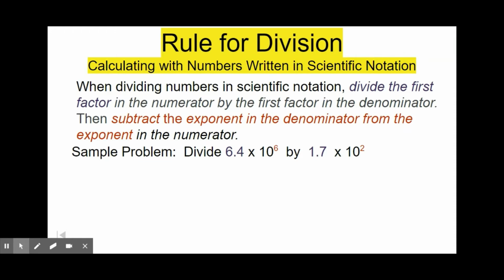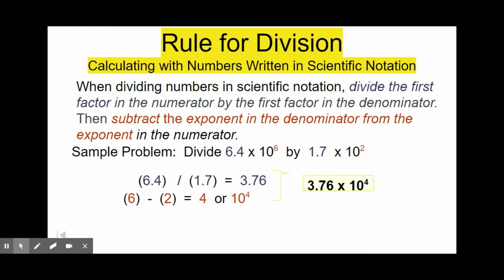I'm going to divide 6.4 by 1.7. That will give me 3.76. And then I'm going to subtract 2 from 6. That will give me 4, or 10 to the fourth power. So my answer is 3.76 times 10 to the fourth.